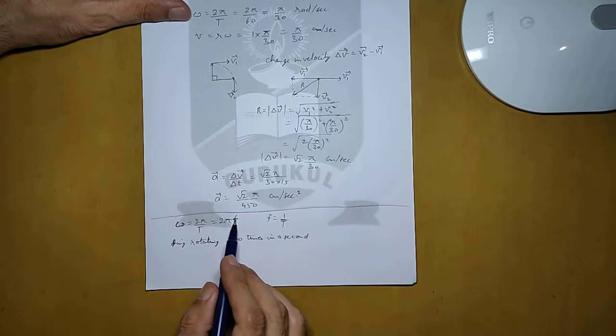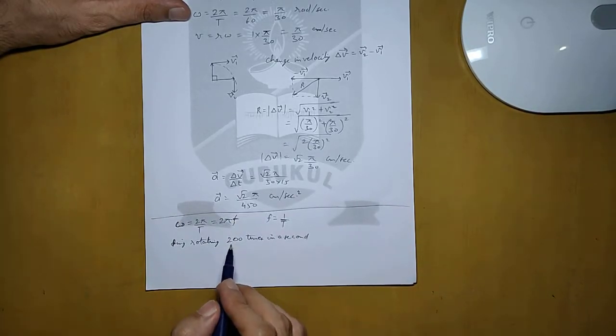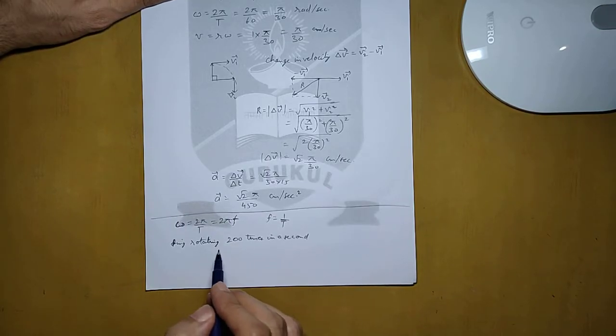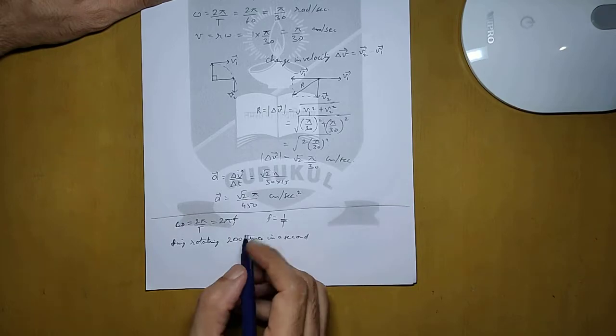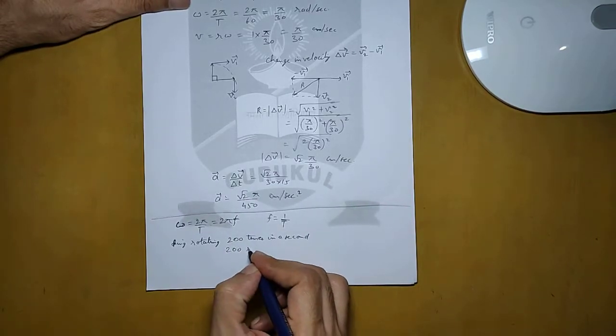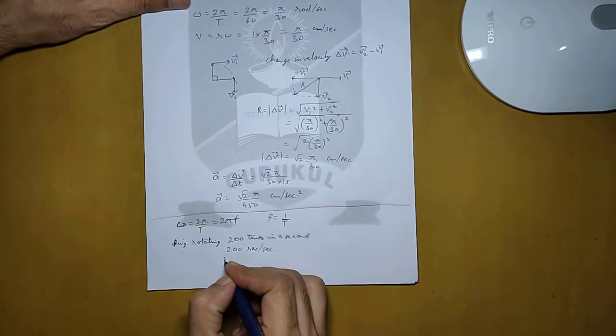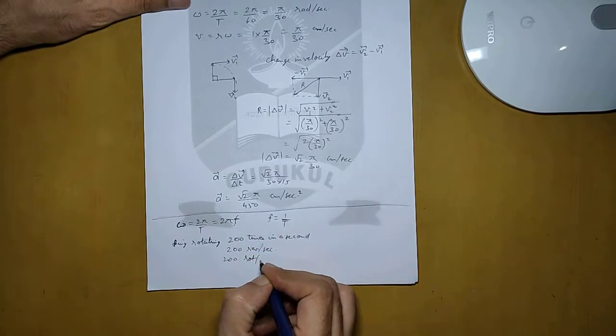It is the angular frequency which is given. It is telling us how many times the ring is rotating in 1 second. This same information can also be written as 200 revolutions per second or 200 rotations per second.